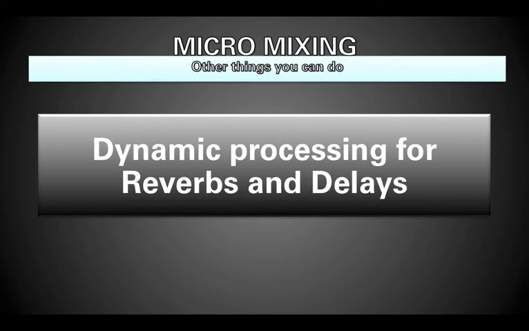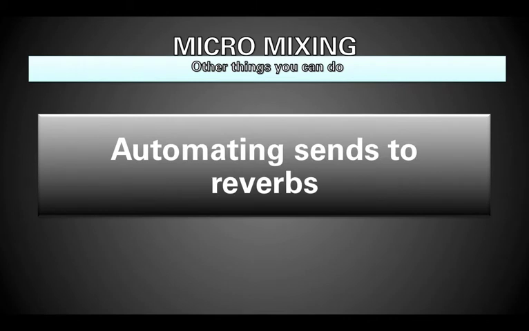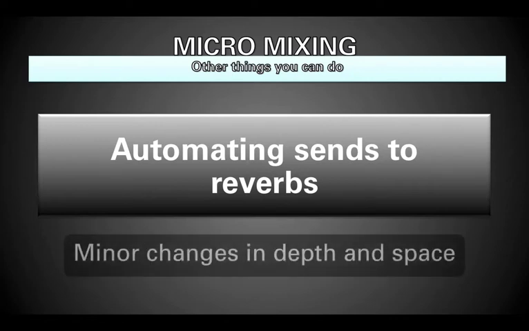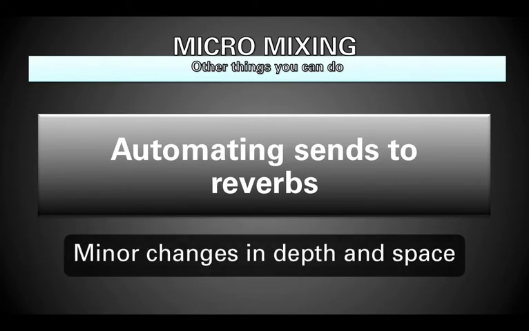There's so much you can do in your mix to find just the right depth and space for each individual effect that you're adding. I know you've heard me say this a few times before, but what creates excitement in a mix is the opposite of linear. And the opposite of linear means continuous slight changes.